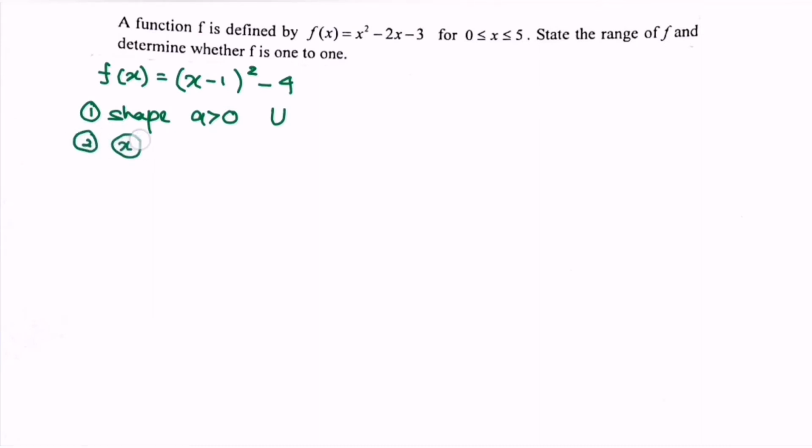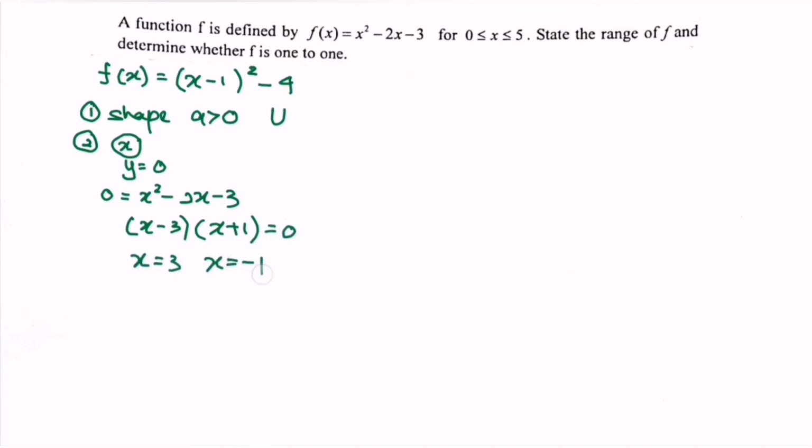For the x-intercept, when y equals 0, we substitute y equals 0 and have 0 = x squared minus 2x minus 3. If we factorize, we have (x minus 3)(x plus 1) = 0, so x equals 3, x equals negative 1.